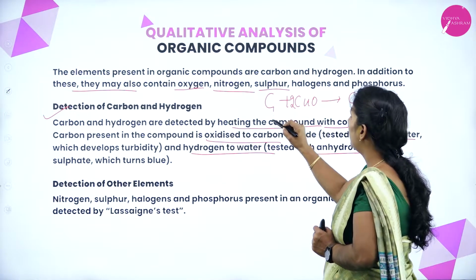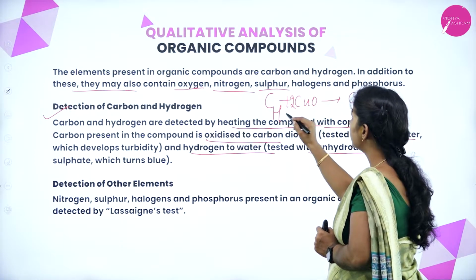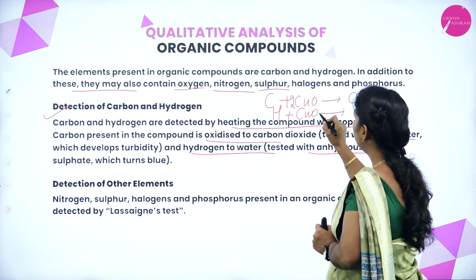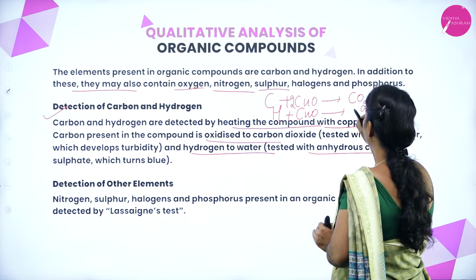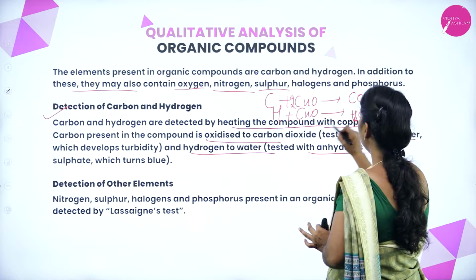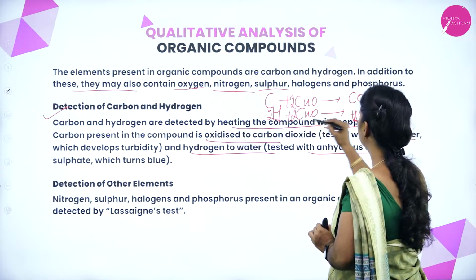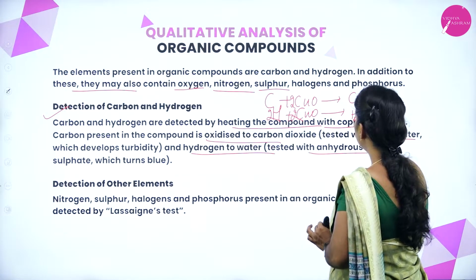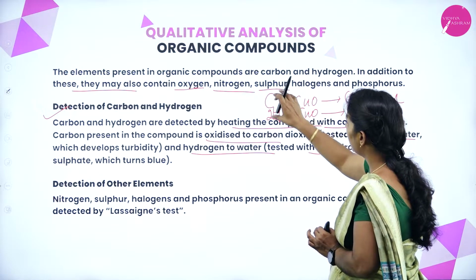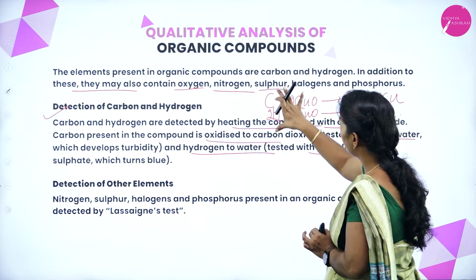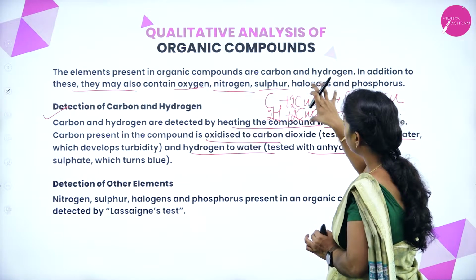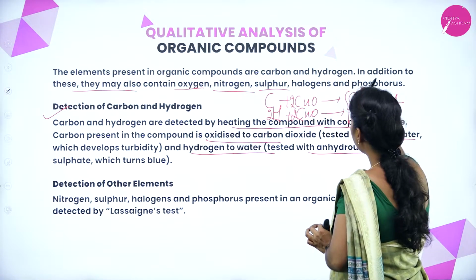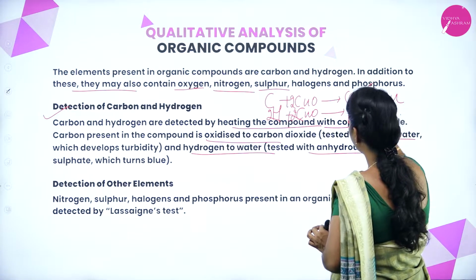Suppose if hydrogen is there in your given organic compound, it will be heated with cupric oxide, it forms H2O, okay, and leaves the copper. So, this indicates that whatever carbon and hydrogen is there in the given organic compound, if you allow it to react with cupric oxide, that is copper 2 oxide, it forms carbon dioxide and water respectively.